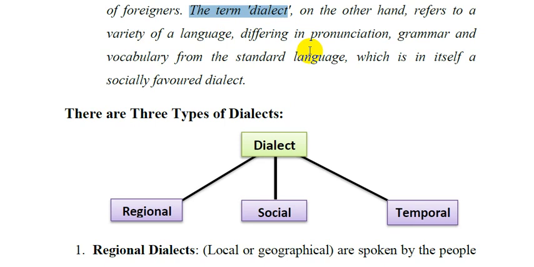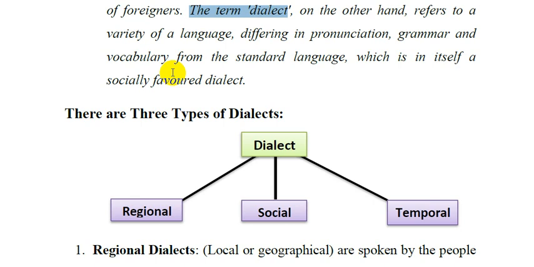They said water, and on the other hand they said woa, and like that. There are also differences in grammar, not only in pronunciation, and also in vocabulary. So the use of vocabulary here is important.